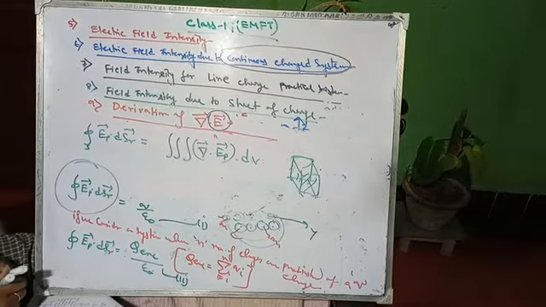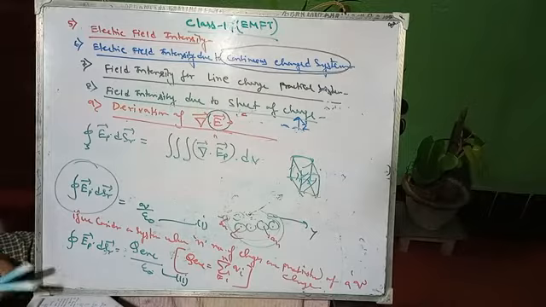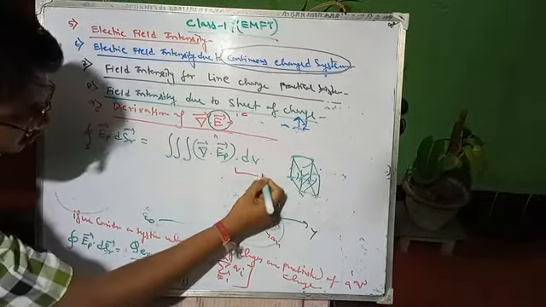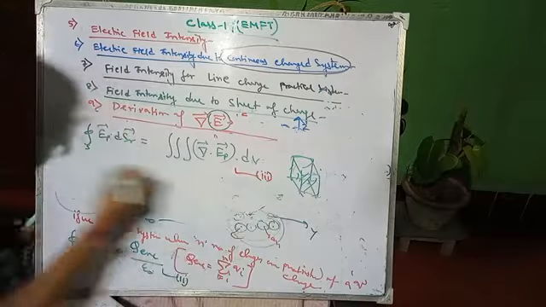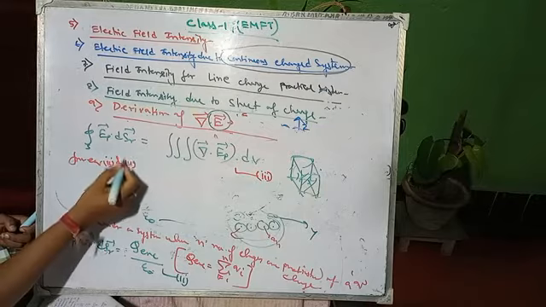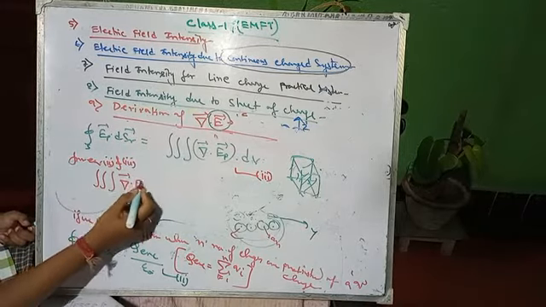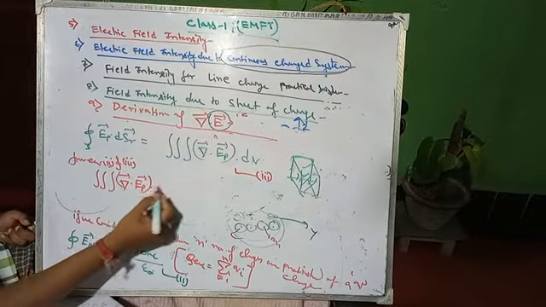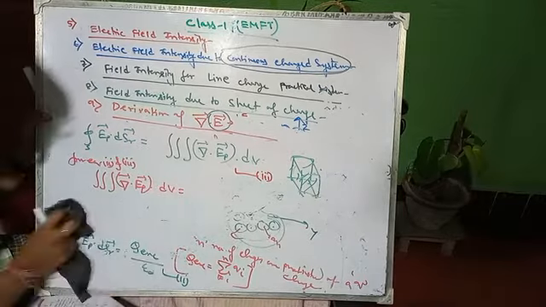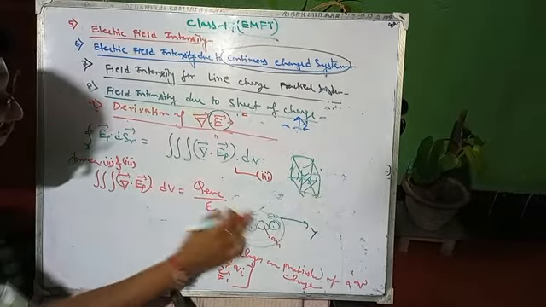Now if we combine these two, what happens? Make it equation number 3. From equations 2 and 3, can we write the triple integration of the divergence of E dV equals Q enclosed by epsilon naught.